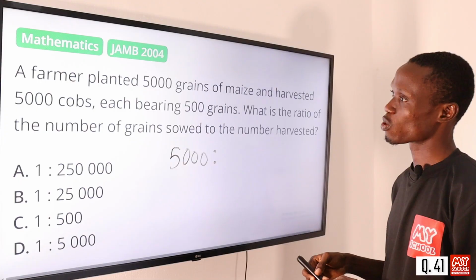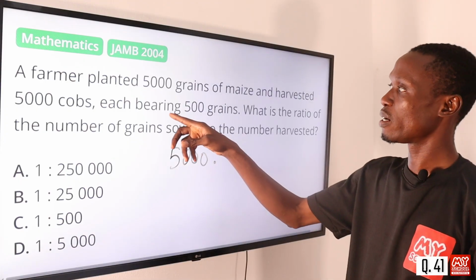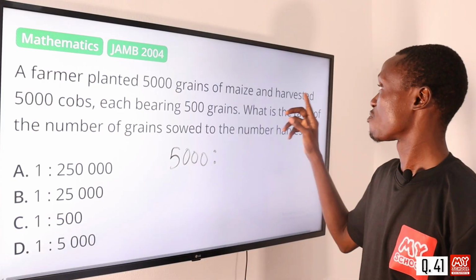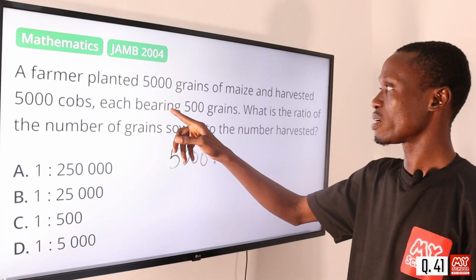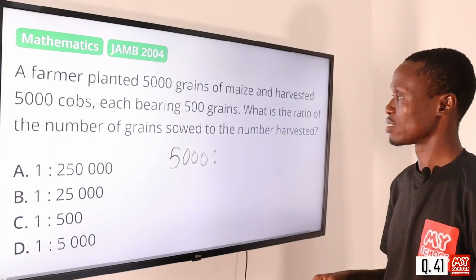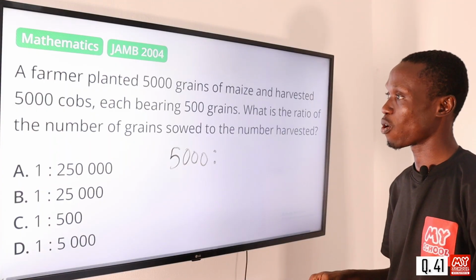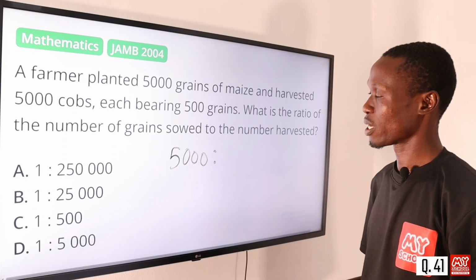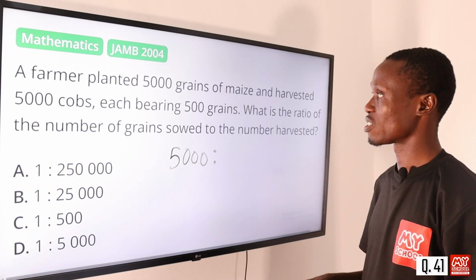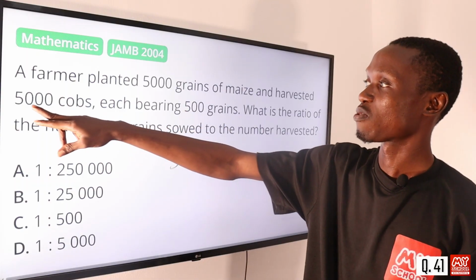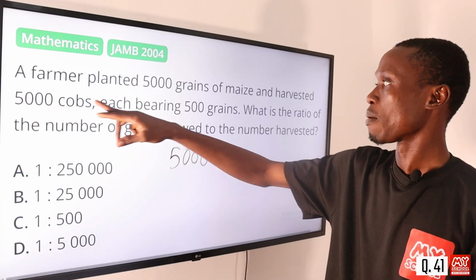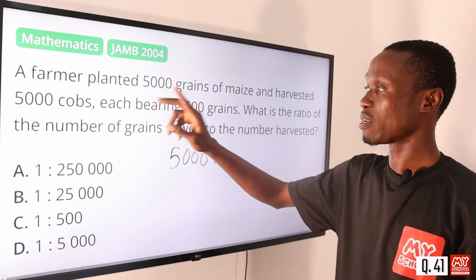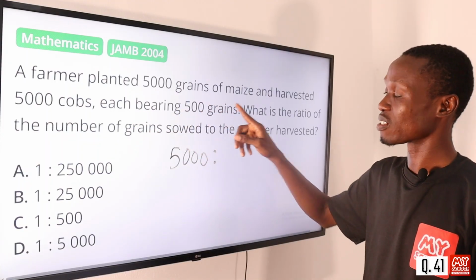Then we are told that each of the harvested cobs bears 500 grains. What is the ratio of the number of grains sown to the number harvested? For us to get the number harvested, we just multiply these 5,000 cobs by 500 grains, because each of them bears 500 grains.